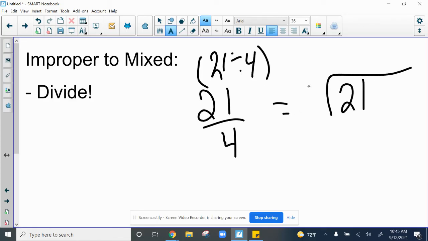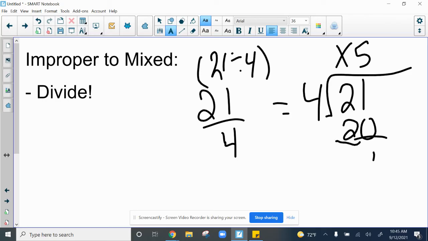So I'm going to set up my division. 4 does not go into 2, but it does go into 21 5 times. 4 times 5 is 20. Subtract, you get 1. Now, since we're working with fractions, we're not going to add a decimal and a 0 and bring it down. What we're going to do is express the remainder as a fraction. My remainder is 1, and my denominator is 4, so this would be 5 and 1/4.